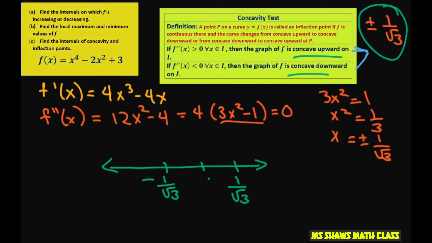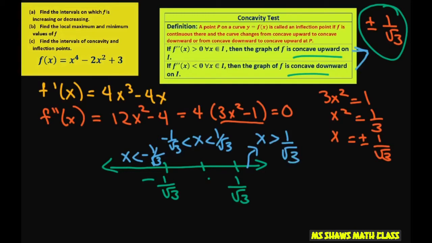So what I'm looking for is what's happening when x is less than -1 over square root of 3, what's happening when x is in between these two, and what's going on when x is greater than 1 divided by square root of 3.